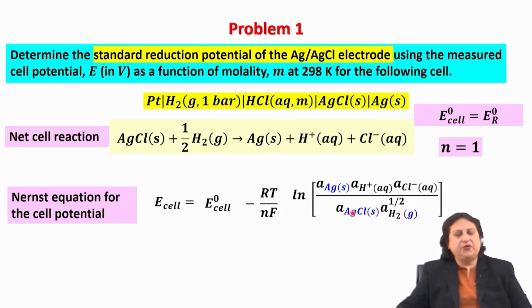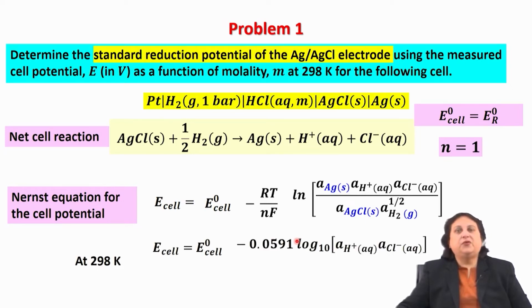We have seen this before, and we also know that by standard convention I can put the activities of the pure solid and the hydrogen gas at 1 bar as equal to 1. Correspondingly, at 298 K, using the values of RT by nF, I can easily write that E cell is equal to E° cell minus 0.0591 log to the base 10 of the activity of H⁺ aqueous times the activity of Cl⁻ aqueous.